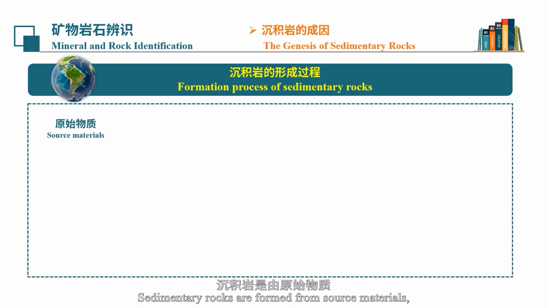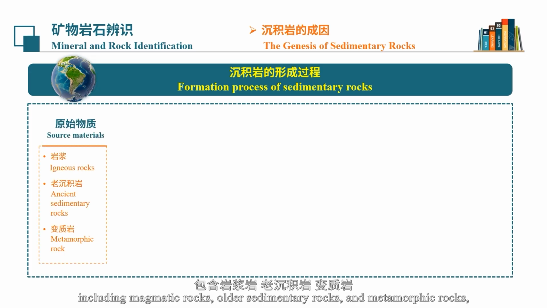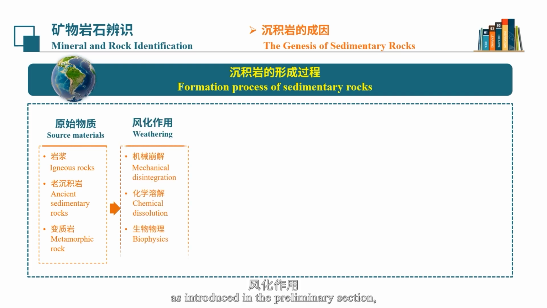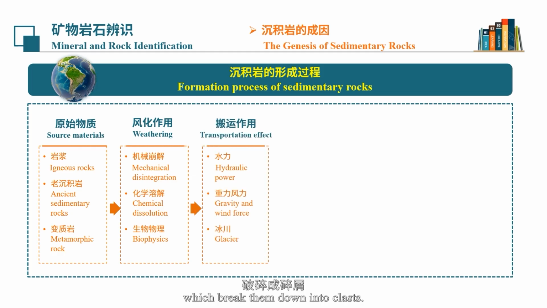Sedimentary rocks are formed from source materials, including magmatic rocks, older sedimentary rocks, and metamorphic rocks, through weathering processes, as introduced in the preliminary section, such as mechanical disintegration, chemical dissolution, and biophysical weathering, which break them down into clasts.